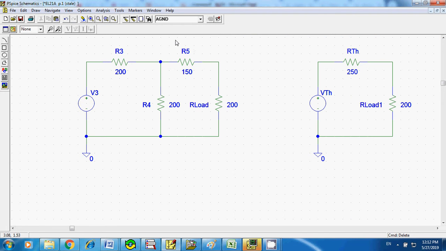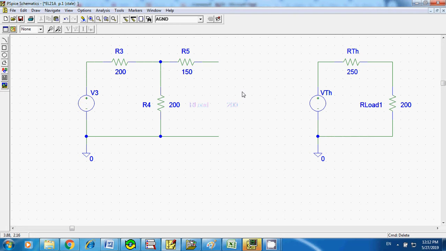What I meant is that when you say open circuit, that means you don't have the load. Okay, and you have to look for the voltage across R4, or the voltage at this point.